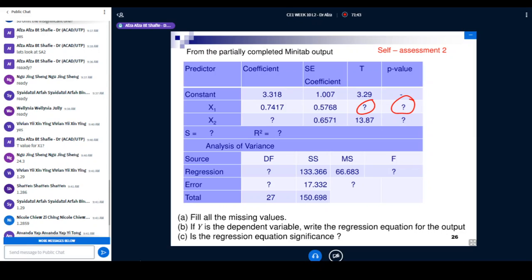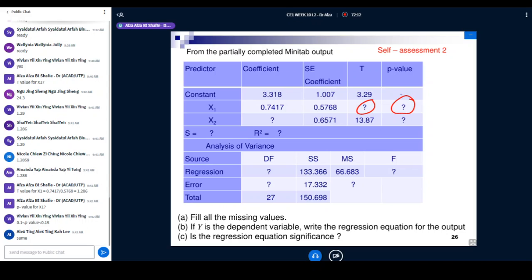Okay. Anybody with a different answer from Vivian? Anybody else with a different answer? Same. Okay. So what's the p value?